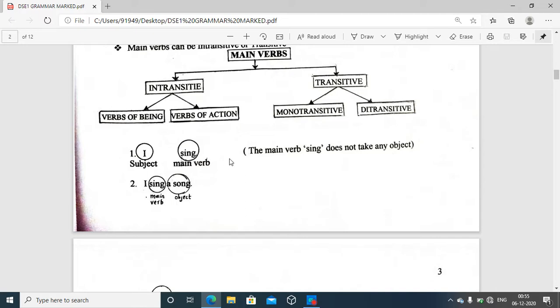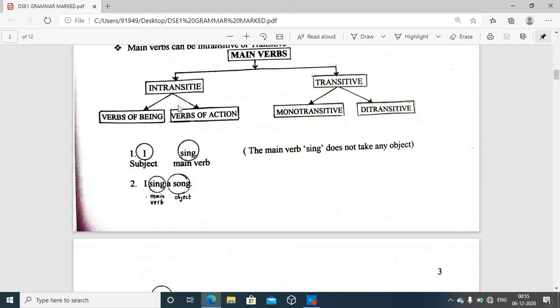So what can we understand from this? This is another lesson we can have from here. You cannot always take a main verb, an action word, and say that this is a transitive verb, this is an intransitive verb. You cannot label that way.